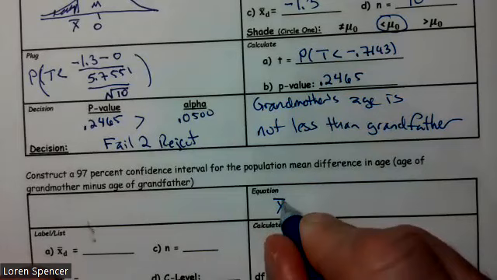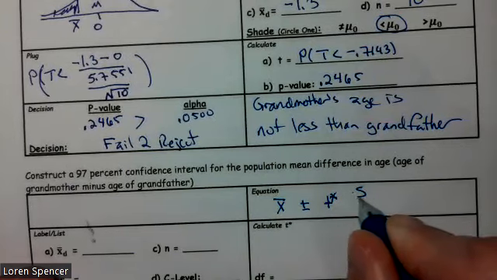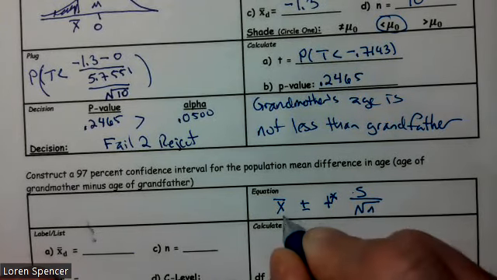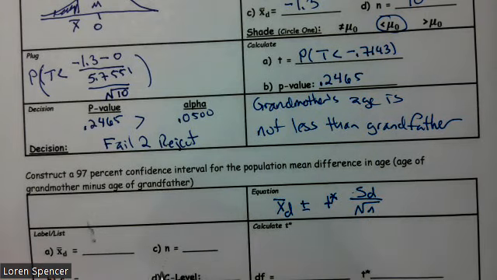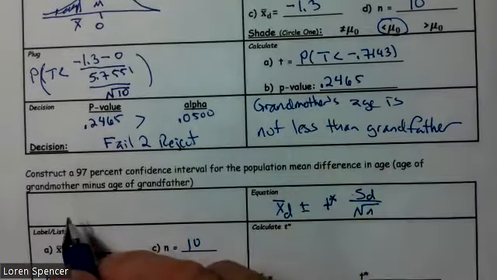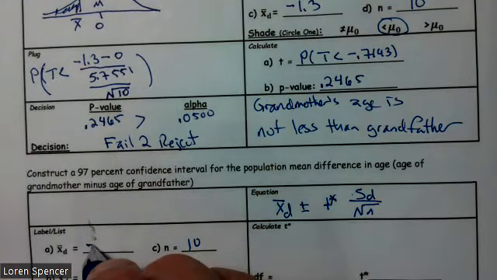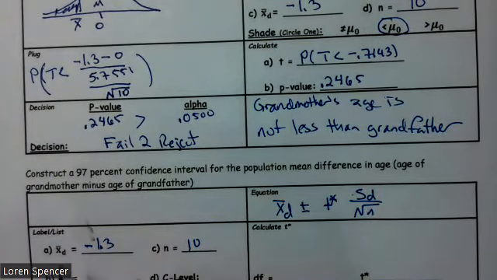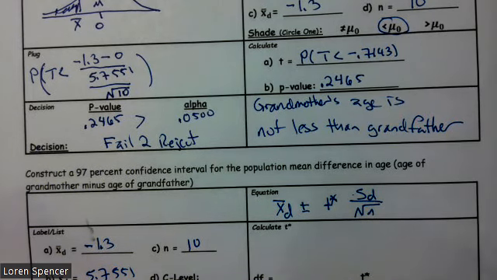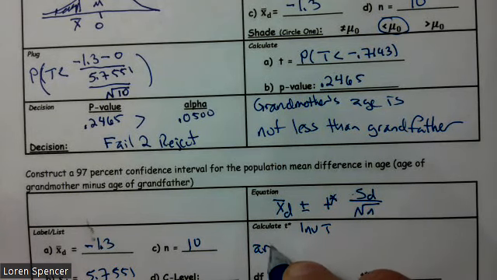So our formula: x bar plus or minus t star times s divided by the square root of n. Only thing is we need D's right here. Well, we already know the n is 10. Our x bar D we had from previous, negative 1.3. Our sample standard deviation is 5.7551. We need to calculate our t star, so we're going to go to inverse T. It's going to ask us for our area.